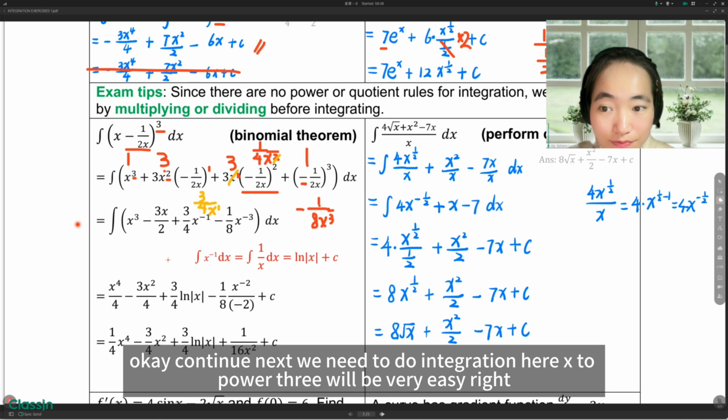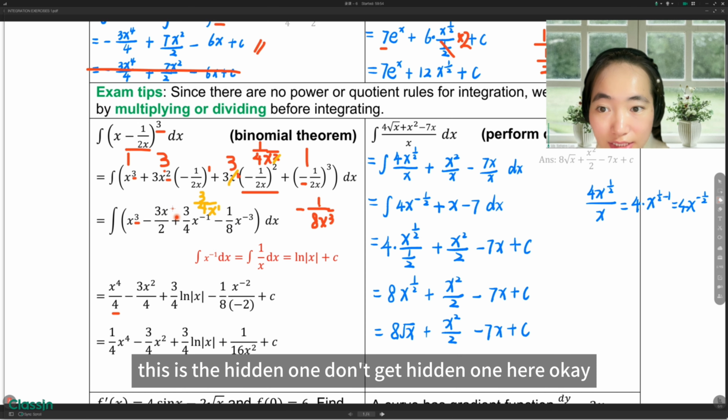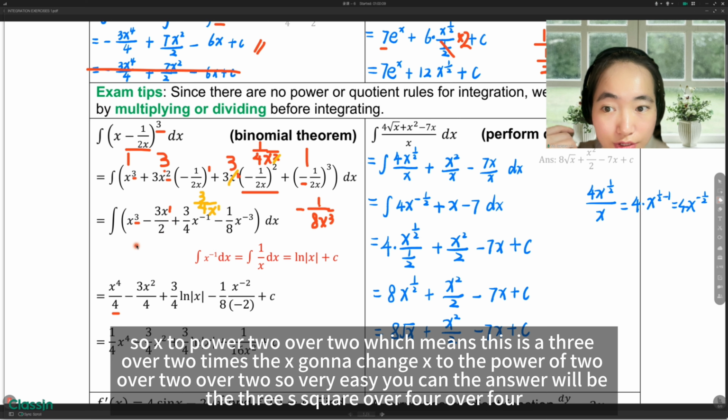Finish. Okay, continue. Next, we need to do integration. Here, x to the power 3 will be very easy, right? Use our formula: the power plus 1 over the power plus 1. So it will be x to the power 4 over 4. Next, this is the hidden 1. Don't forget the hidden 1 here, okay? Keep the coefficient the same, don't change the 3 over 2. But the power, x to the power 1, becomes x to the power 1 plus 1, so x to the power 2 over 2.